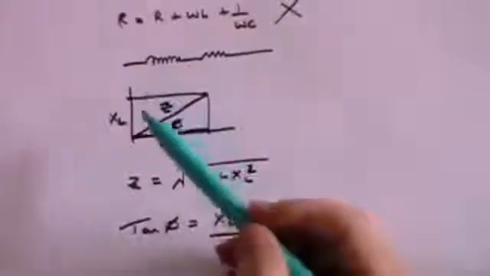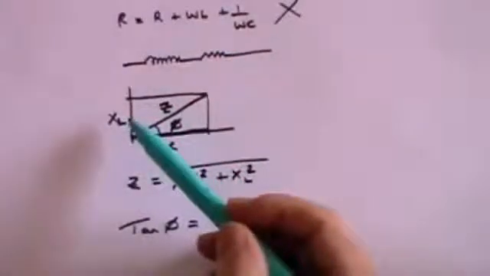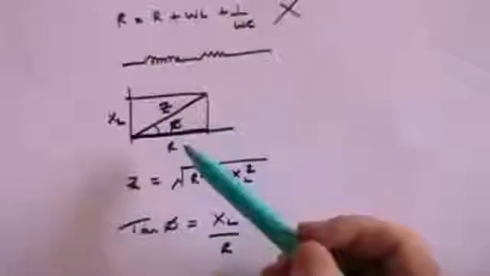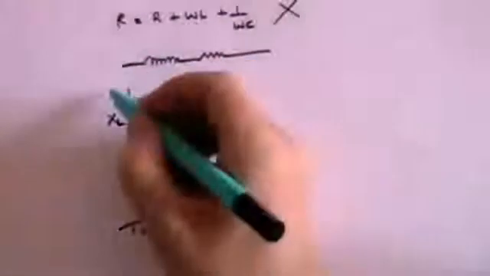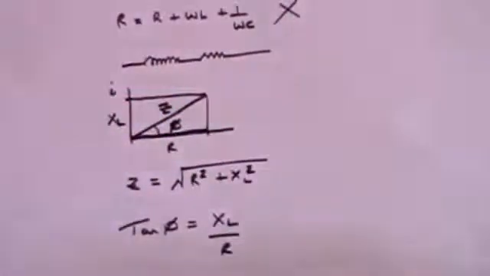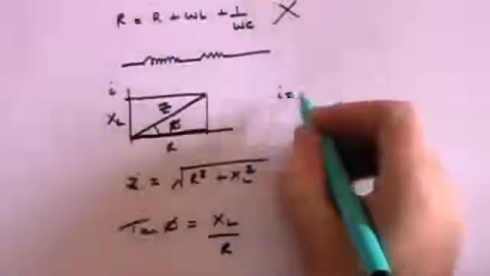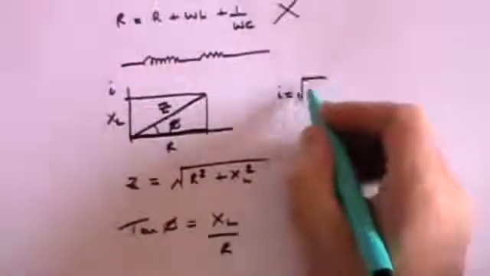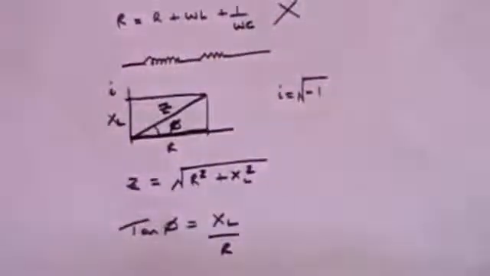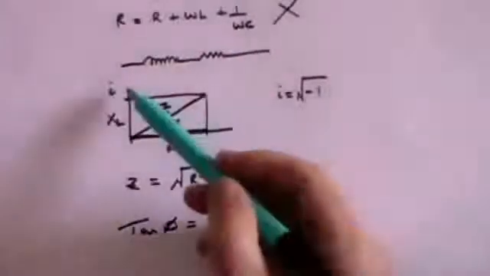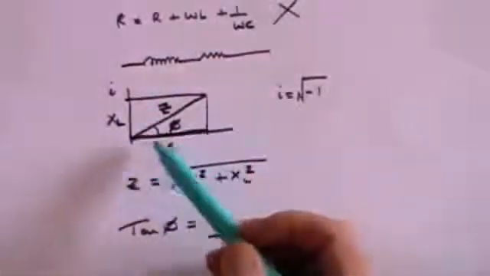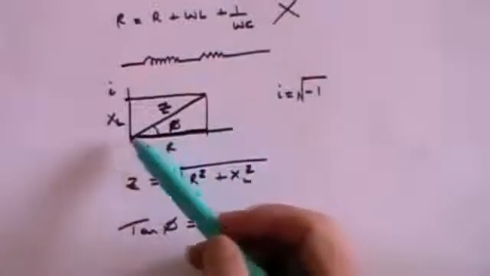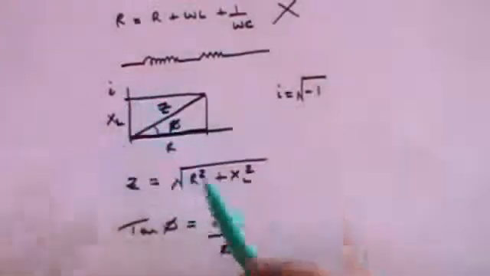Now, in order to ensure that we don't ever mix up the reactance and the resistance, we draw the reactance on the y-axis, which is often called the imaginary axis. For those of you who don't know, the i is the square root of -1. And since the square root of -1 doesn't exist, it's called an imaginary term. So we tend to draw an imaginary axis and a real axis, and we put the resistance on the real axis and we put the reactance on the imaginary axis.